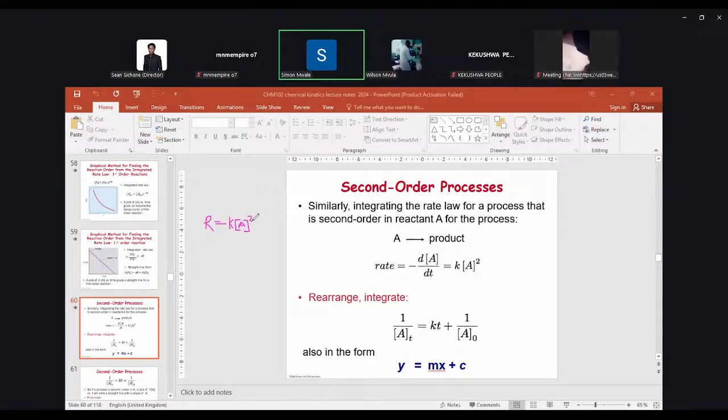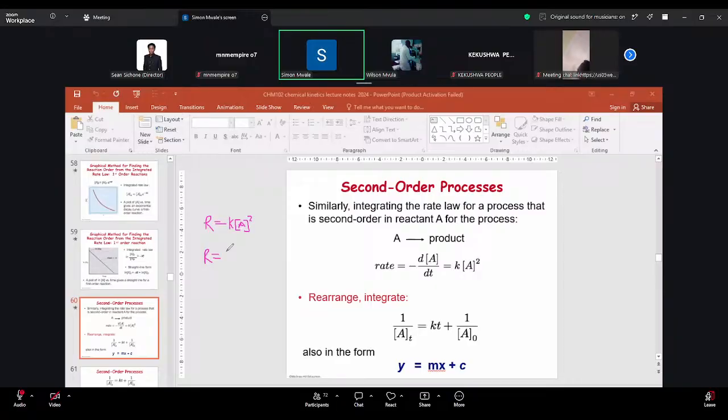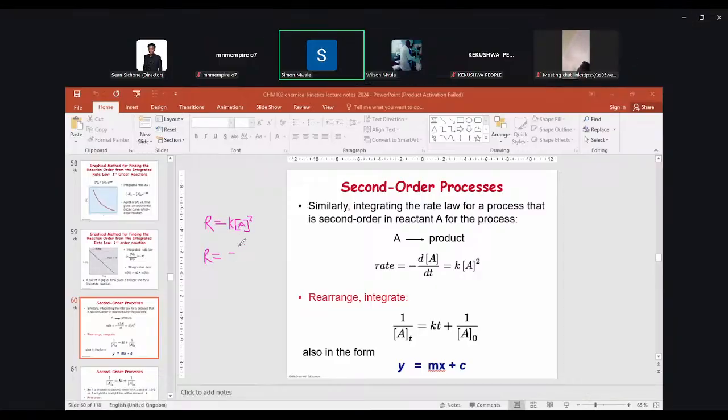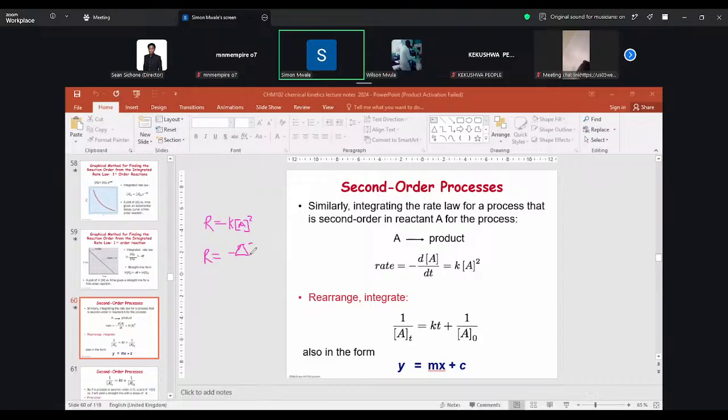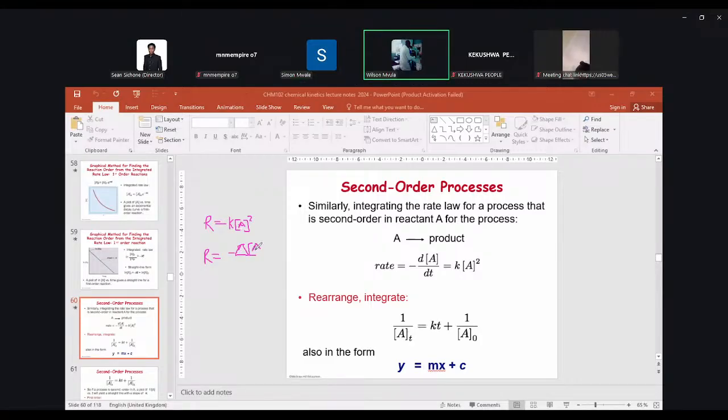That's how we said the rate was. This is how you calculate the rate. Then we also said that the rate can also be written in terms of the change in concentration of A divided by the change in time.